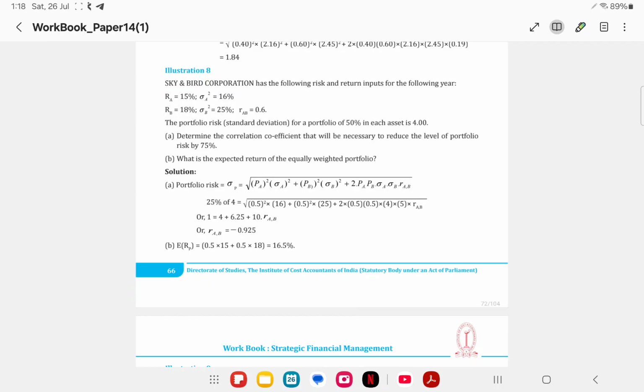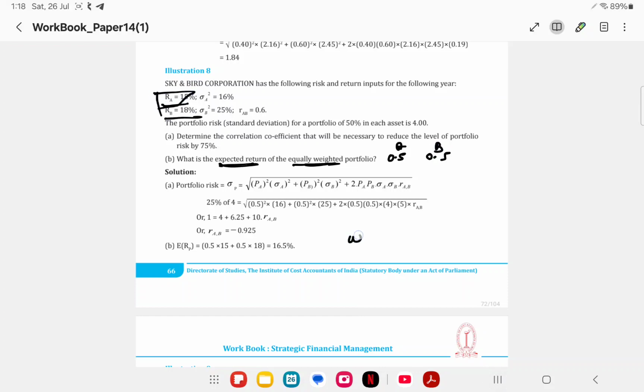The second part is what is the expected return of the equally weighted portfolio. Equally weighted means the weight of A is 0.5 and the weight of B is also 0.5. This can be easily calculated because both returns are given.